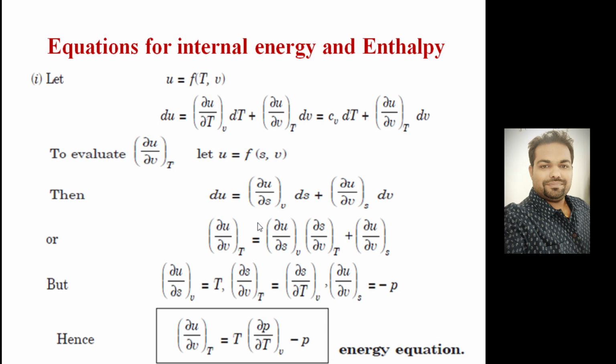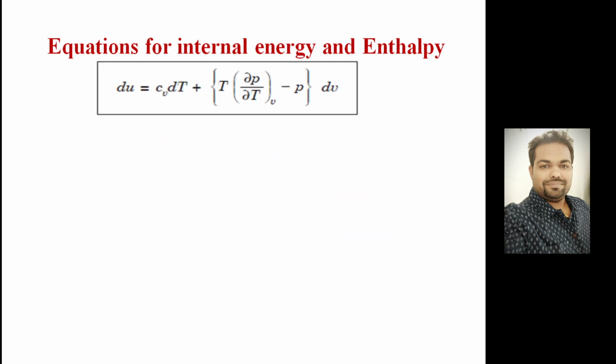So if you substitute the value of all these terms in this equation, you can write ∂U/∂V at T is equal to T, this term is ∂P/∂T at V, and this term ∂U/∂V at S is nothing but minus P. So this is the first equation that is known as the energy equation.